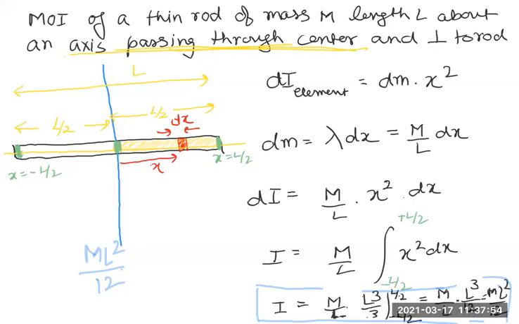The moment of inertia of an object depends upon the axis of rotation. For the same object, there are infinitely many possible answers. Because of this, you have to be very careful about the definition of the axis of rotation.